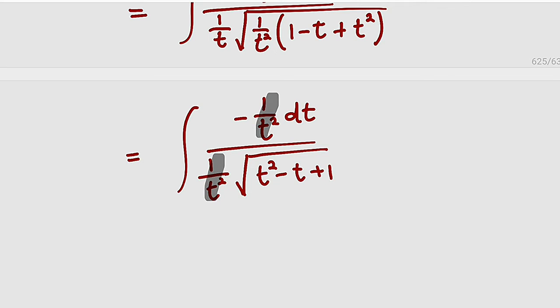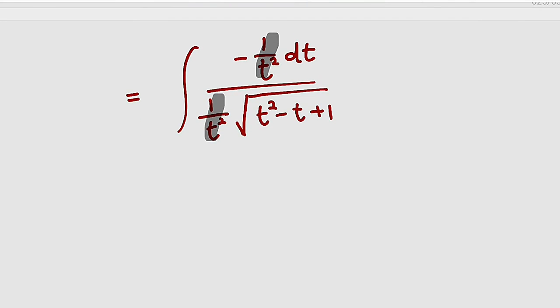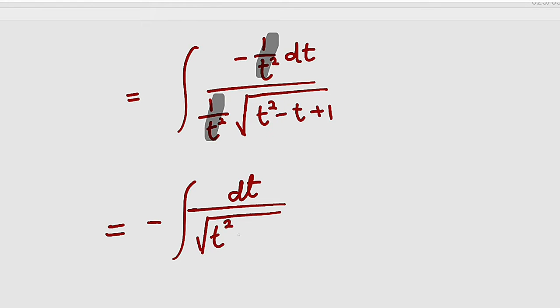So to the top, we only have negative dt, and we can bring the negative sign outside. So this is equal to negative the integral of dt, right? Divided by the square root of t squared minus t plus 1. This is what we have.